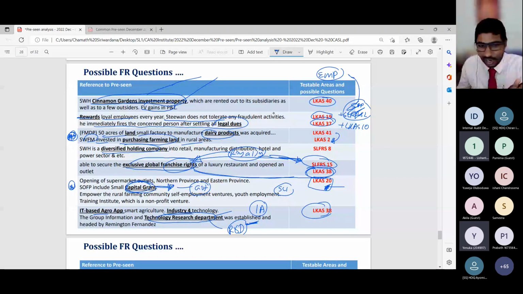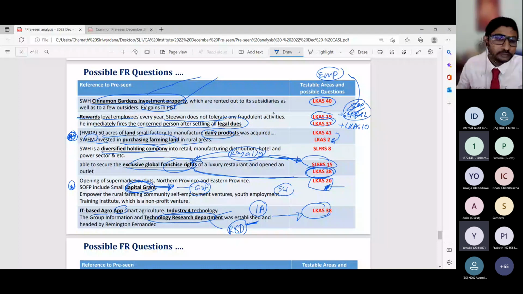Other than that, you can't recognize. On the other hand, research and development cost: research cost you, of course, cannot recognize. You have to channel it through P&L. But development cost you can recognize and capitalize. So likewise, that knowledge from LKS 38 might be tested by combining it with this app or the Industry for Technology. That's some kind of a thing, right?